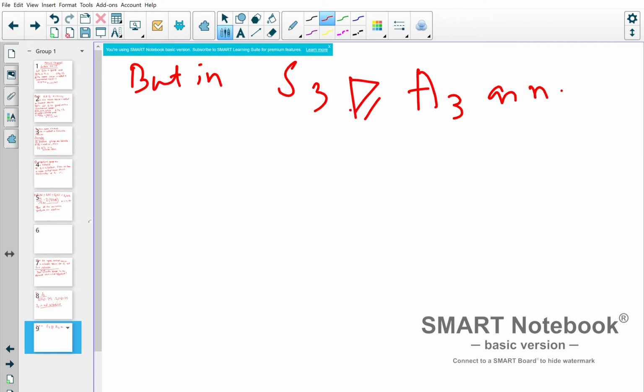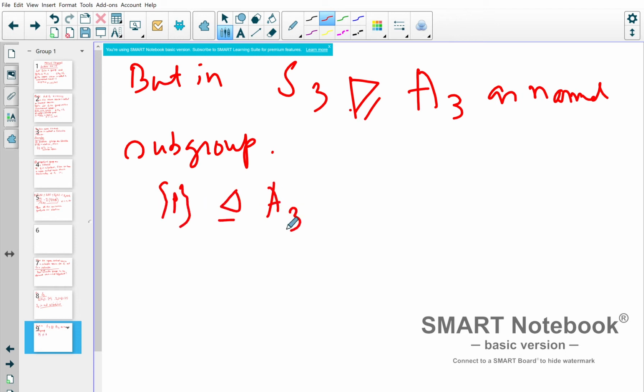So you can start with the identity, then A3, and if you go modulo A3, you see S3 mod A3 is also abelian.